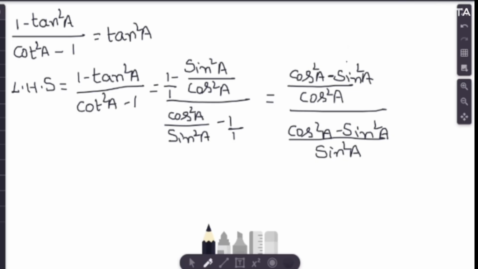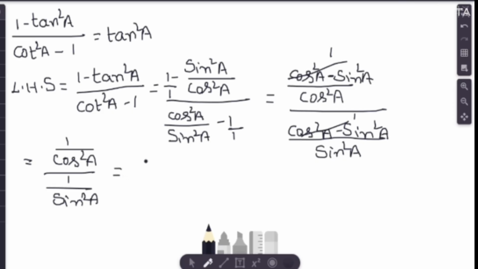Both get cancelled. This divides this one time. So leftover is 1 by cos square A by 1 by sine square A. So it will be 1 by cos square A divided by 1 by sine square A. Now write the reciprocal of this one and change the symbol.